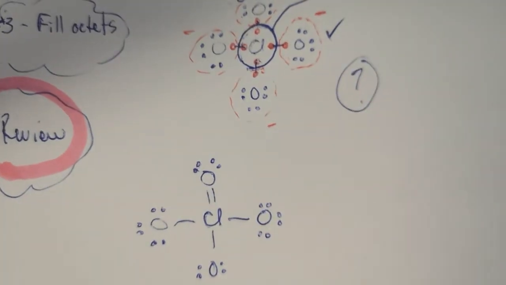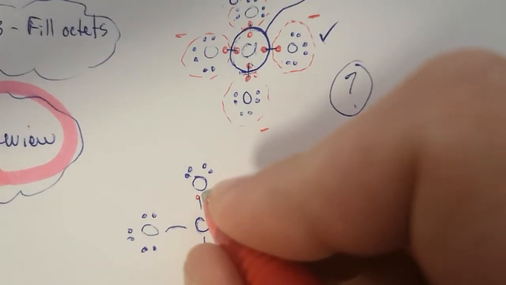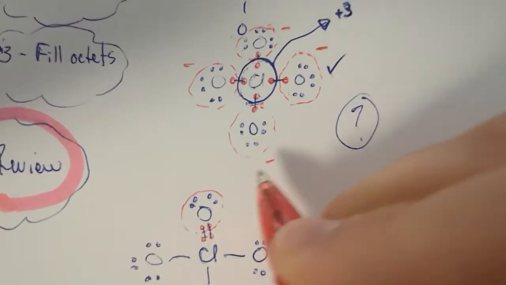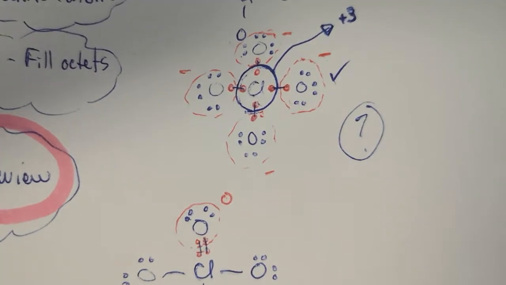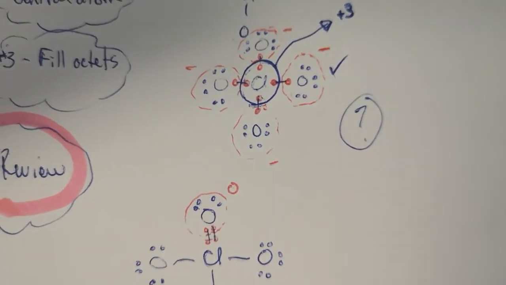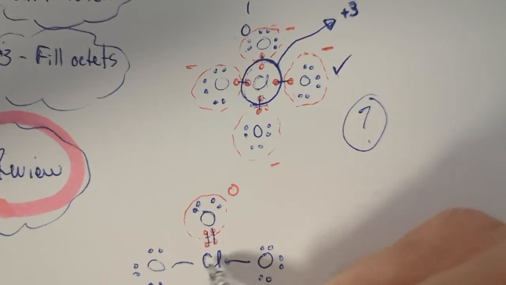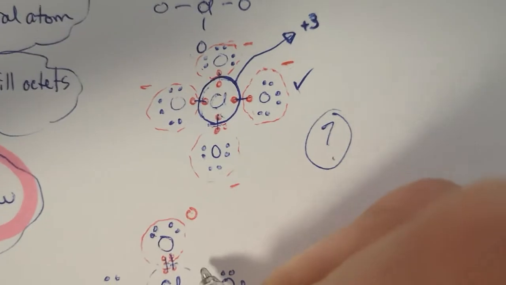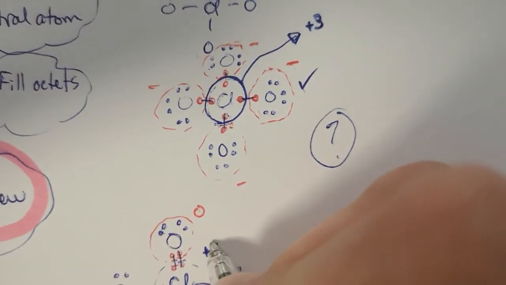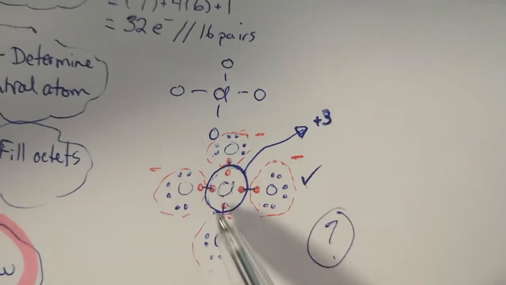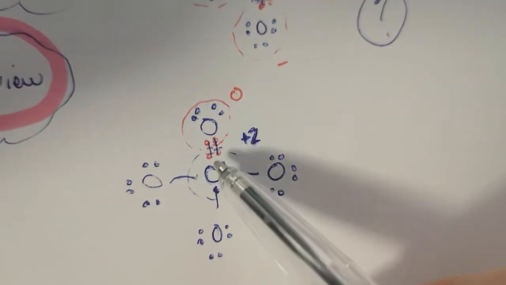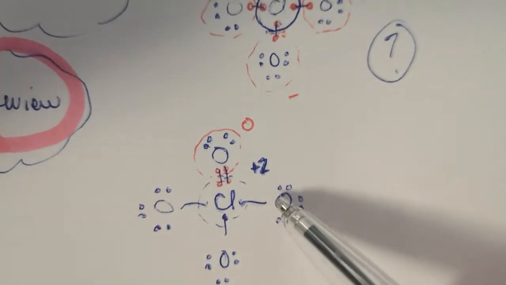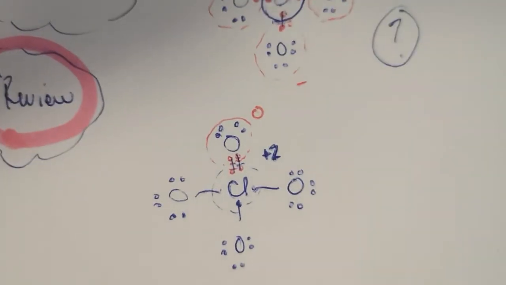You'll note that in this scenario we have both eliminated the formal charge on the oxygen, and we have reduced the formal charge on the chlorine from +3 to +2. By reducing the presence of the formal charges in our initial diagram, the introduction of a double bond here has, like I said, reduced the formal charges.